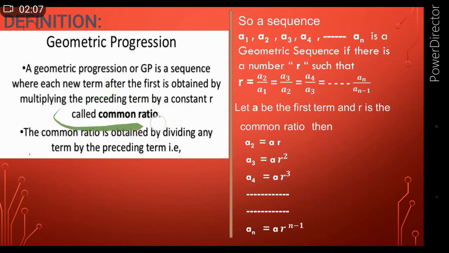Now you can do the comparison with arithmetic progression. Arithmetic progression has common difference, but geometric progression has common ratio.